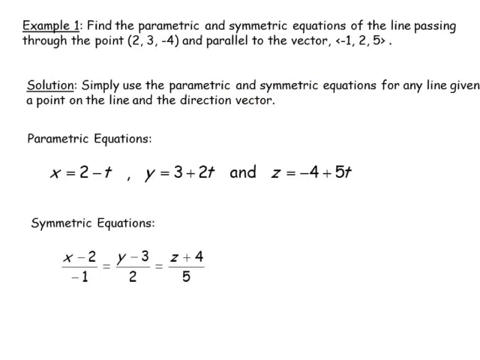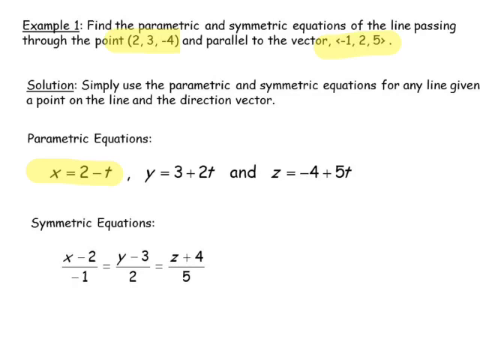Okay, so here we have an example where we have a line that has the point 2, 3, negative 4, and we want it to be parallel to the vector negative 1, 2, 5. So this is giving us a point on the line and the direction of the line. To write our parametric equations, we have x equals x naught plus at.